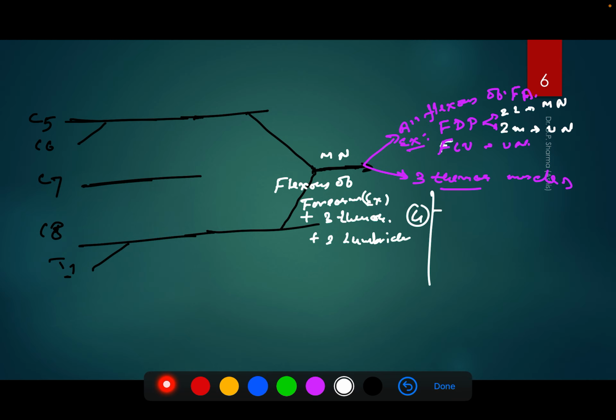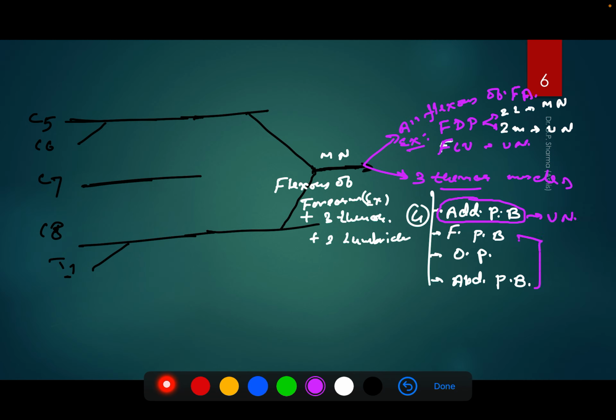So what are those 4 thenar muscles? We have adductor pollicis brevis, flexor pollicis brevis, opponens pollicis, and abductor pollicis brevis, right? Among these four, adductor pollicis brevis is supplied by the ulnar nerve.